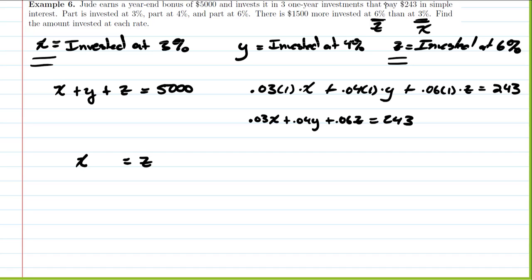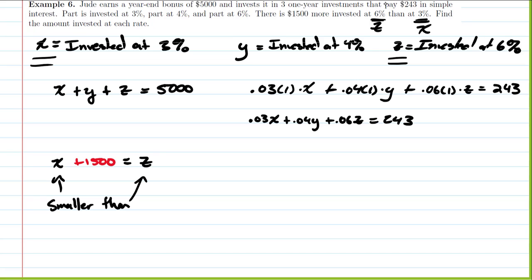Then to make that equation true, I need to make the left-hand side bigger, because z is bigger than x. So I need to add the $1,500 to this side, because this is smaller than z. If x is smaller than z, to make them equal, I would have to make it bigger, and I would make it bigger by adding $1,500 to it.